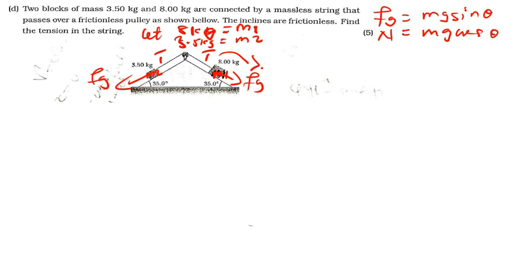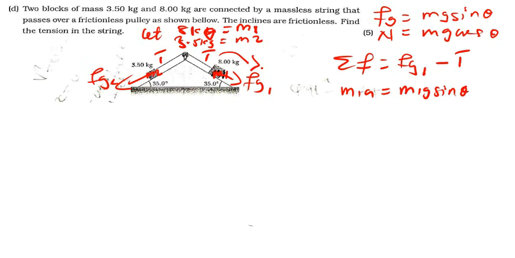So the summation of forces, if I look at it, I start with this one. The force that I have is Fg. So let's call this Fg1, this one Fg2. So Fg1 should overcome the tension force. Then this is going to be M1A is equal to Fg, which is M1G sine theta. Now the theta, I'm not going to say theta 1 because they are both 35.